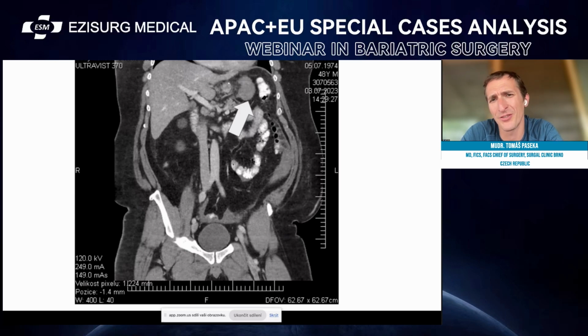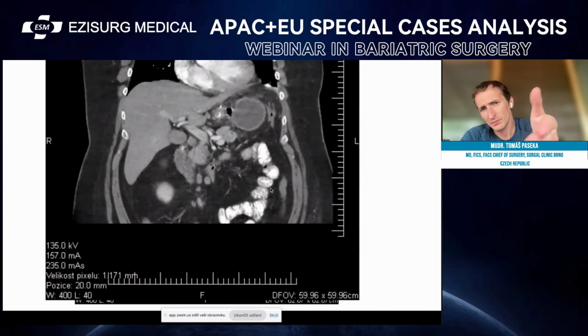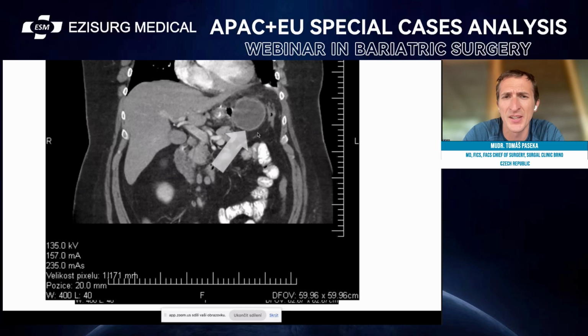But the patient was not fit, and unfortunately we didn't do a revision that day, because we hoped that he would be fine. But then it was proved like this, and you see that there is an abscess with a positive post-contrast membrane.